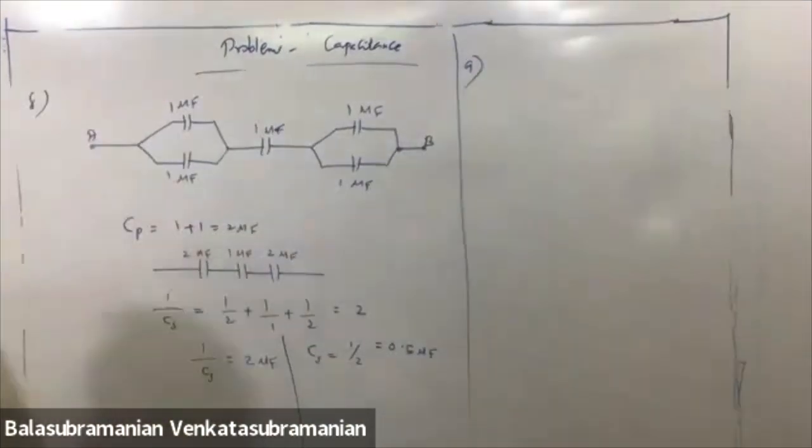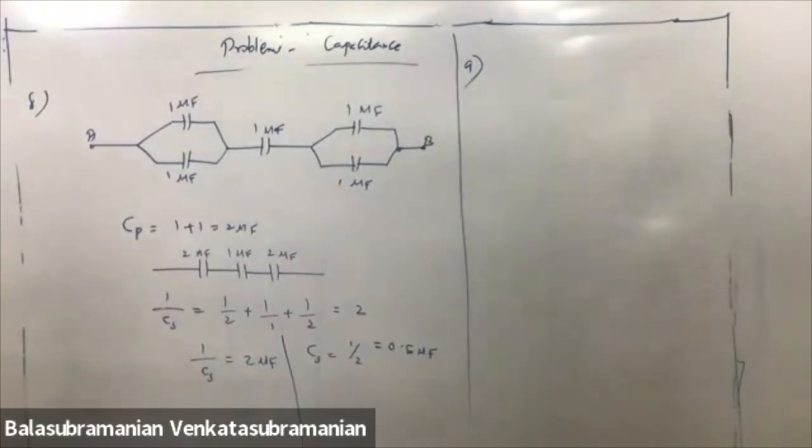Ninth problem. Four capacitors of equal capacitances are connected in series with a battery of 10 volts as shown. The middle point B is connected to Earth. What will be the potentials of the points A and C?